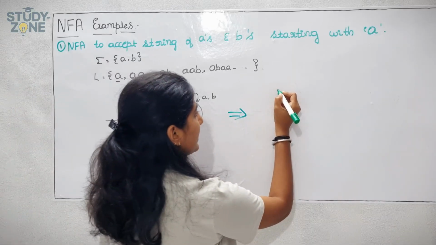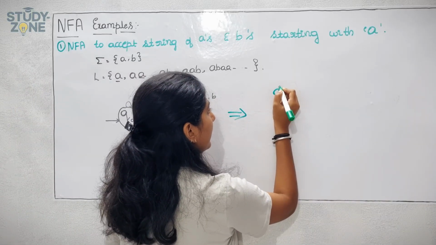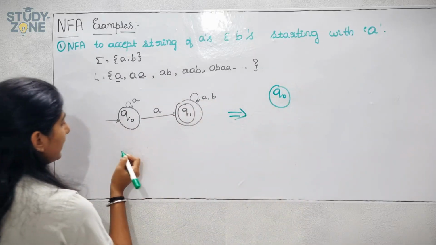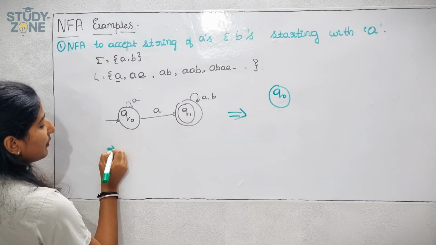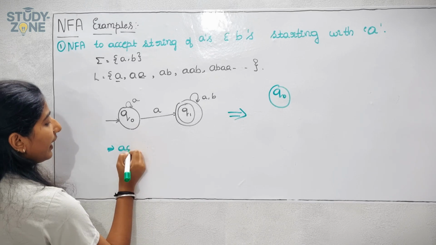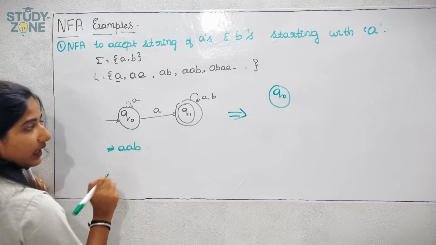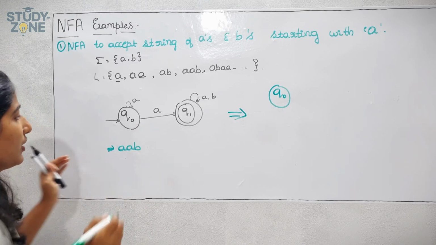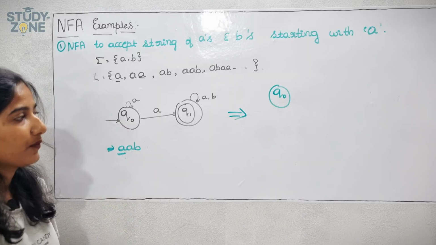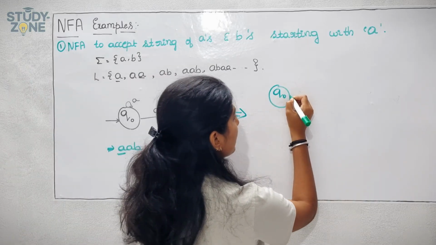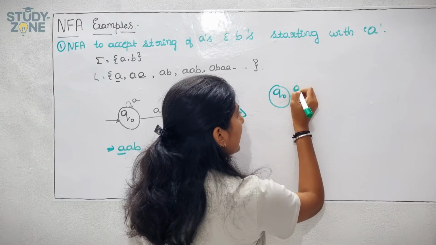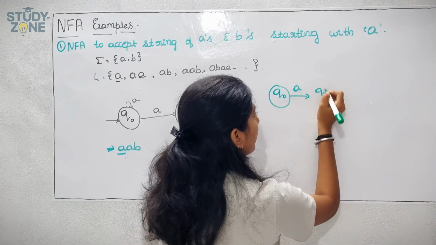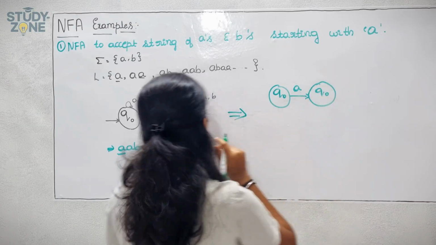So let's take this string, AB. Let's check for this. The starting symbol is A. So what the machine will do is, Q0 on A, in one case it will move to Q0, right?